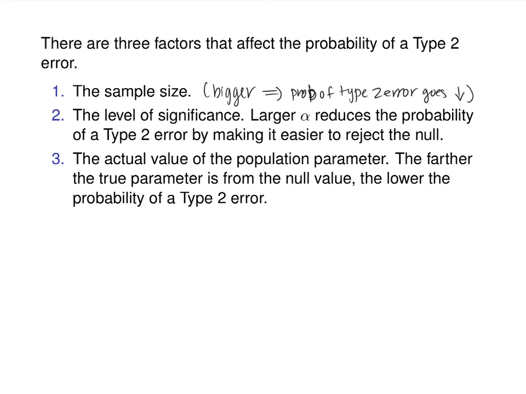The level of significance: a bigger alpha reduces the probability that you're going to make this error because it makes it easier to reject the null. Like if your alpha was 0.1, then you could have p-values that were, say, 0.07, and that would be okay. And the actual value of the population parameter: the farther the true parameter is from the null value, the lower the chances you're going to have this error.